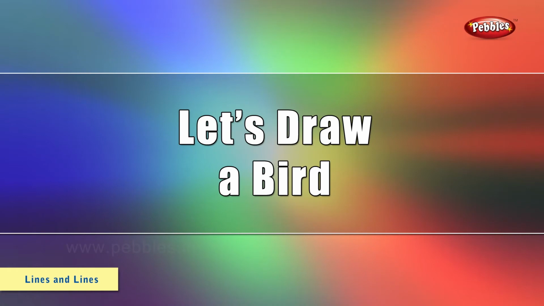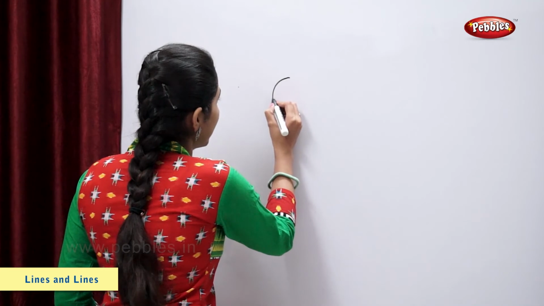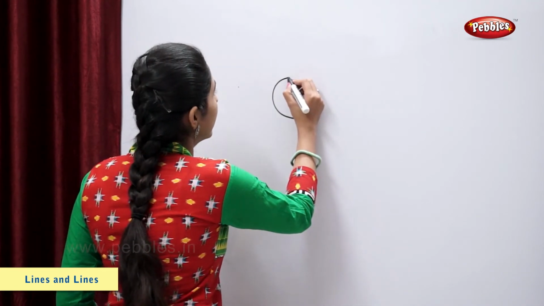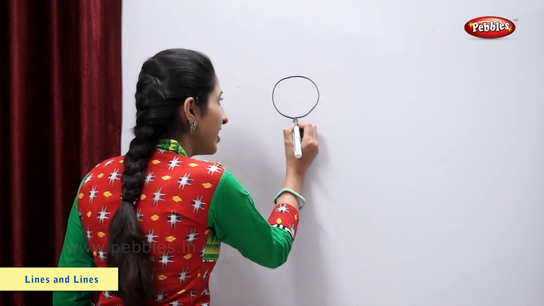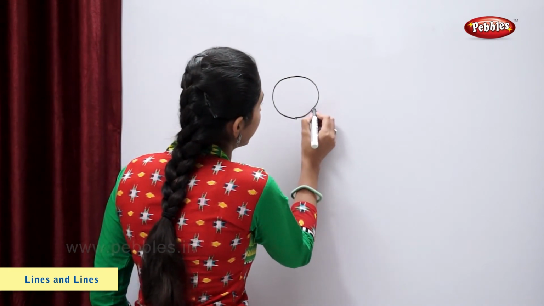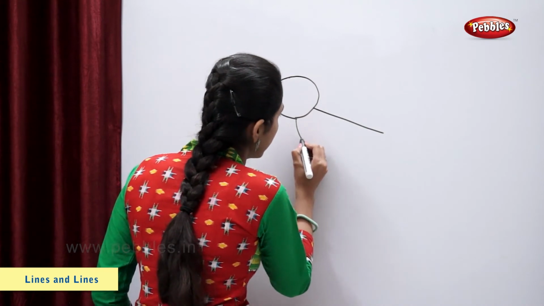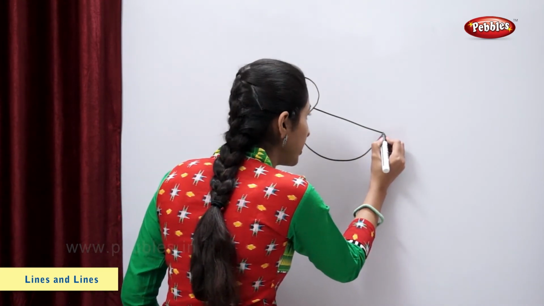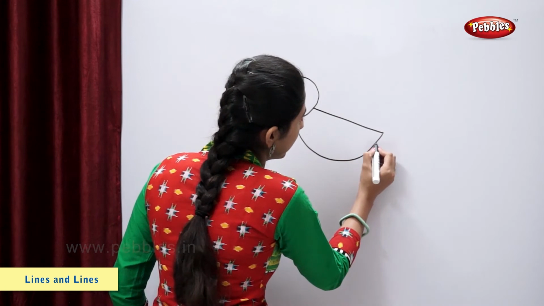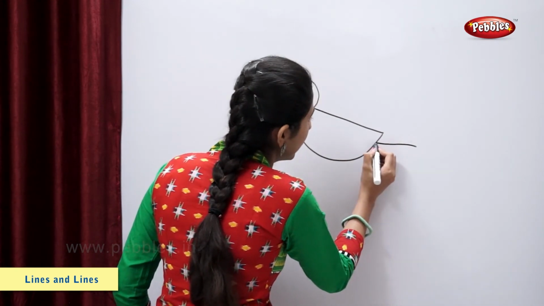Students, there is some homework for you. You have to draw 5 more emotions using lines and curves in your notebook. Now let us draw a bird using lines and curves. A curve. Another curve. Slanting line. A big curve. Slanting line.